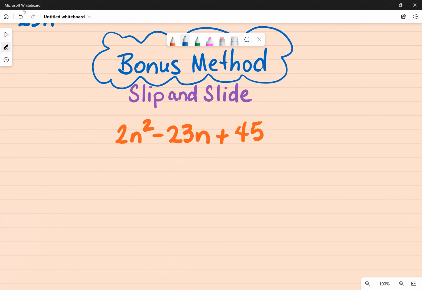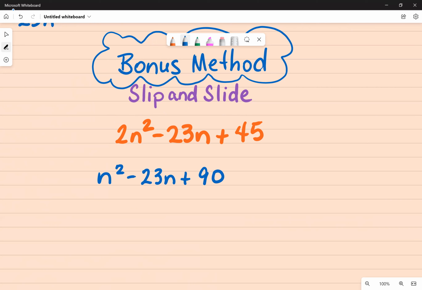So what you want to do is you're trying to get your leading coefficient out of the way so it'll look simplified to you. So what you're going to do is take that, multiply it times your last term or your constant, which is c. So in this case, when I rewrite this, it's going to be n squared minus 23n plus whatever 45 times 2 is, which is 90, right?